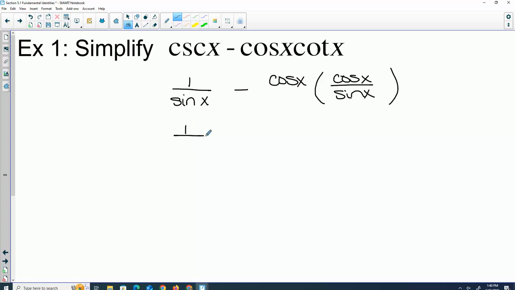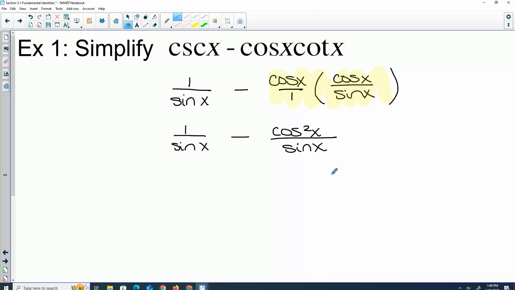Okay. So if I'm trying to simplify this, if we want to focus on order of operations, that means we have to multiply. This is like cosine over 1. So if you multiply, you just multiply the tops. Cosine times cosine is cosine squared over sine.